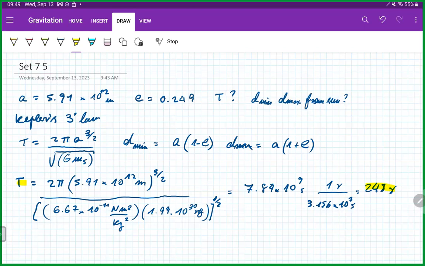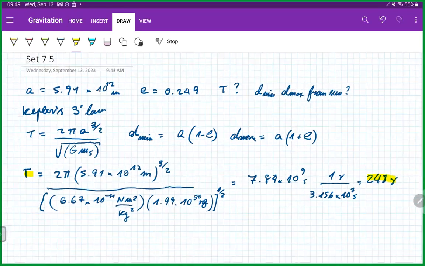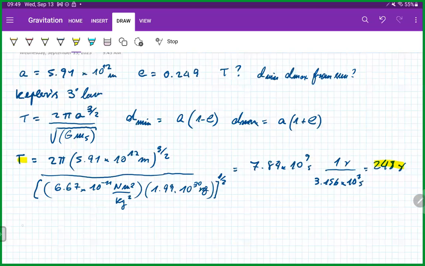Okay. And for D min, oh, that's the mass of the sun, sorry.